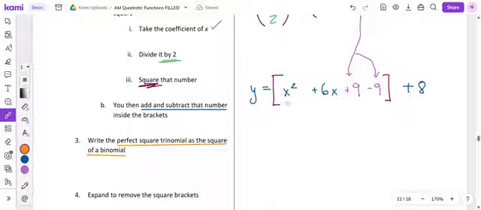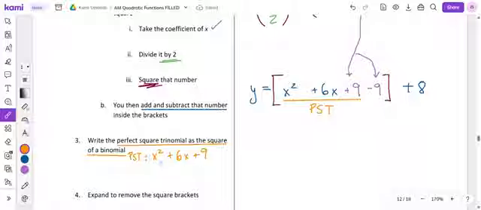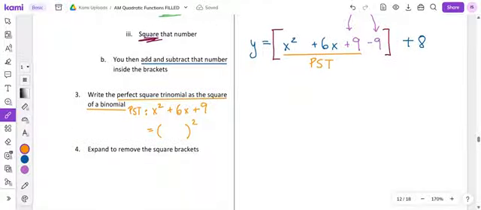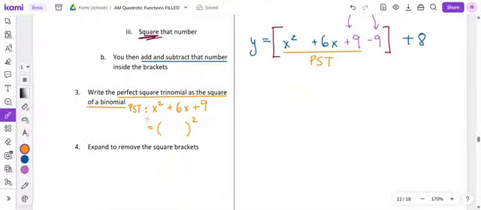What does that mean? This is my PST, my perfect square trinomial. On the side, let's write down, this is my perfect square trinomial, and I can factor it as the square of a binomial. Do you remember? Okay, if you remember, write down what it is squared.